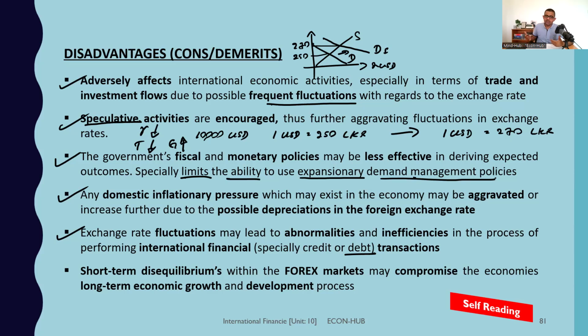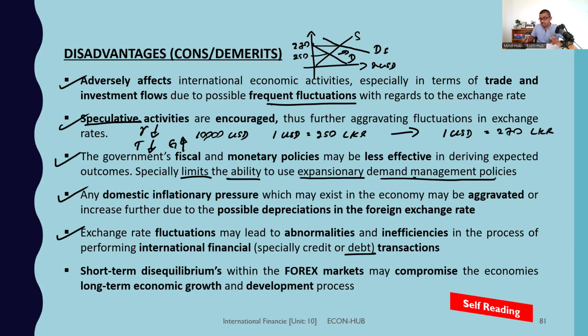Now the government has to repay the loan. One year later, the rupee has depreciated so much. Now $1 is 300 rupees. A 50% depreciation of the rupee.